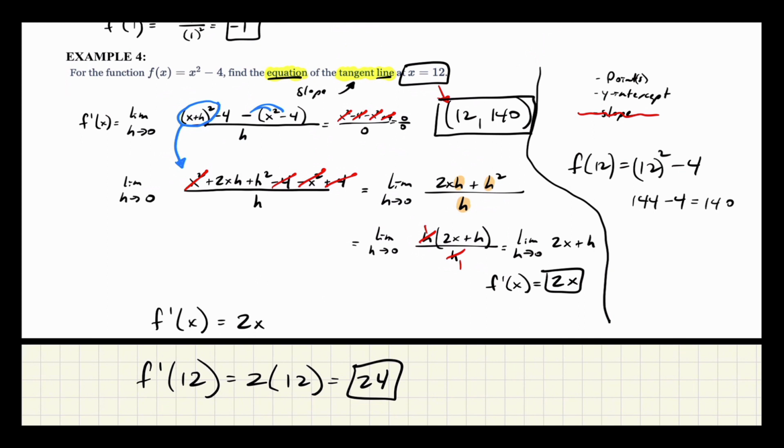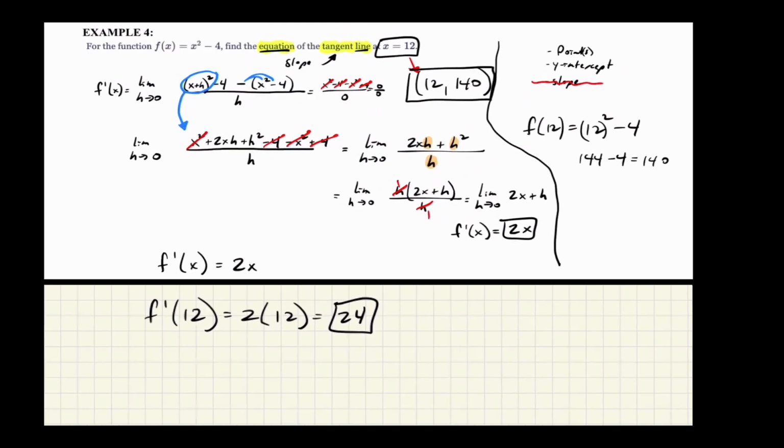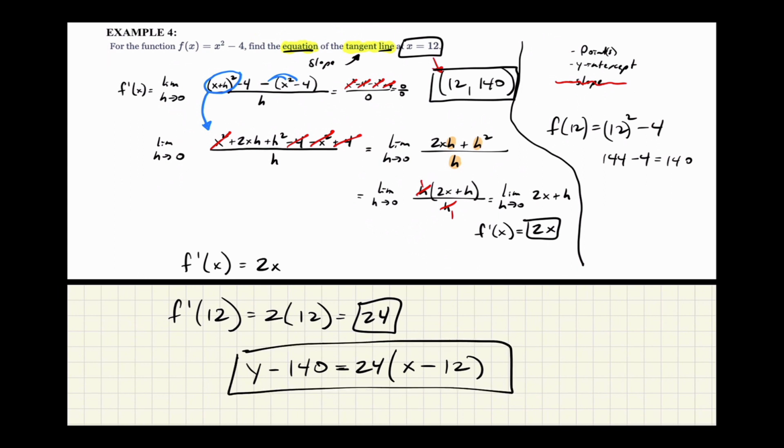I'm going to put them together now. So I get y minus y1, that's 140, equals slope times x minus x1, which is 12. It doesn't say which equation they want you to use, so we're done. That's the equation of the tangent line at 12.